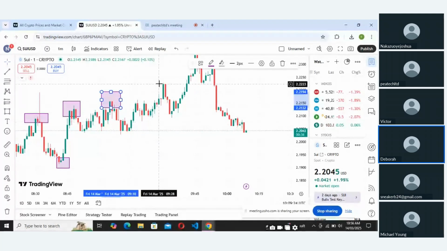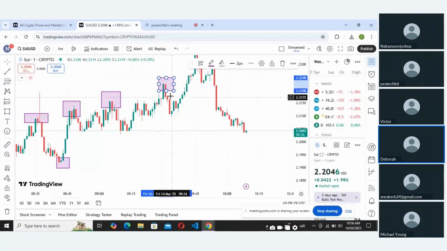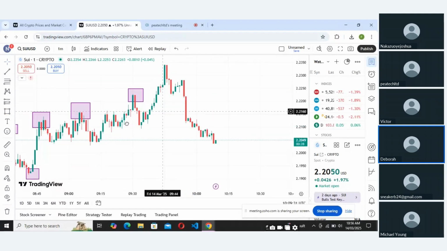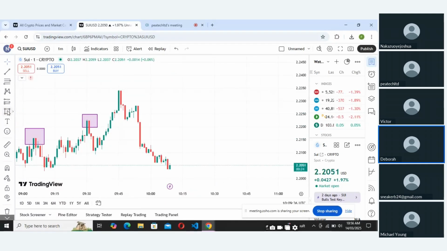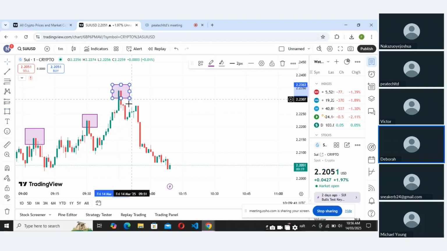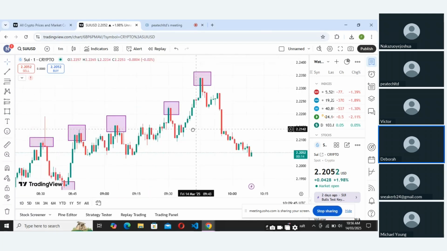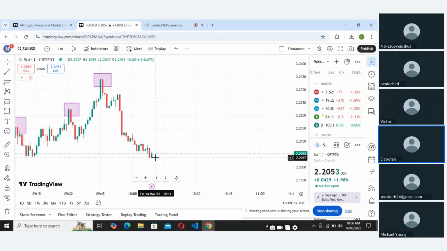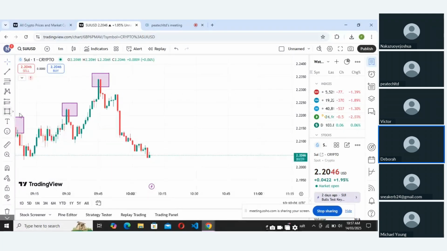Then the market continued and hit another resistance here, and this is obviously a higher high, and then the market peaked at this point. It's another resistance here. This is a higher high. So overall, at the moment the market is taking a downward movement because it has broken through. If I draw this one at this point, this is a low here.